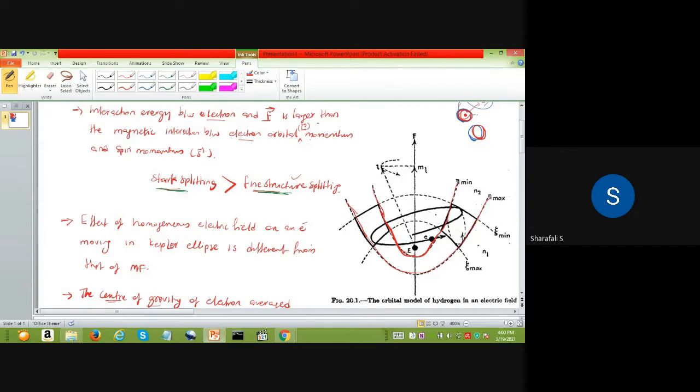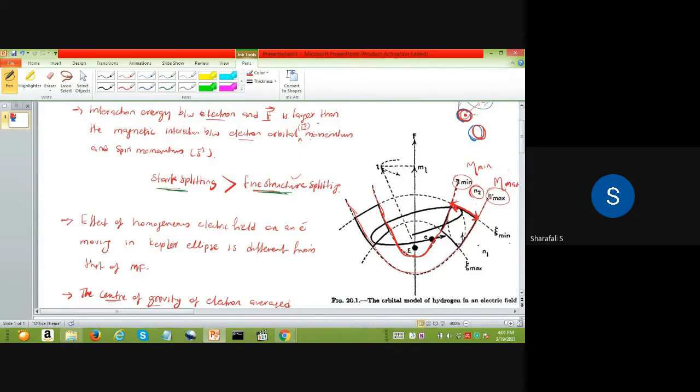So these two are another set of parabolas. That will give you this particular range of values where the electron can be confined. The n2 quantum number limits the electron motion within this eta minimum and this eta maximum.